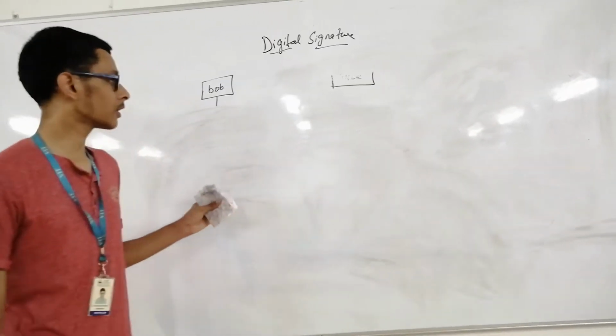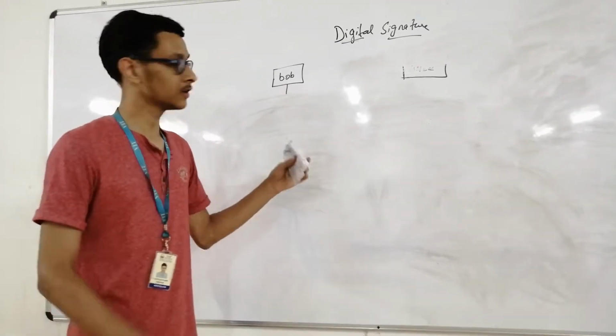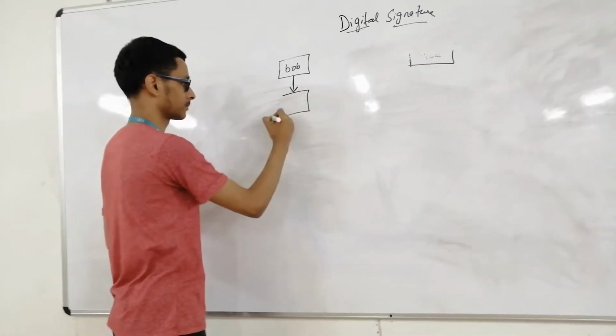Okay, now let me talk about the detailed explanation of the generic model which I have explained earlier. I'll explain it individually.